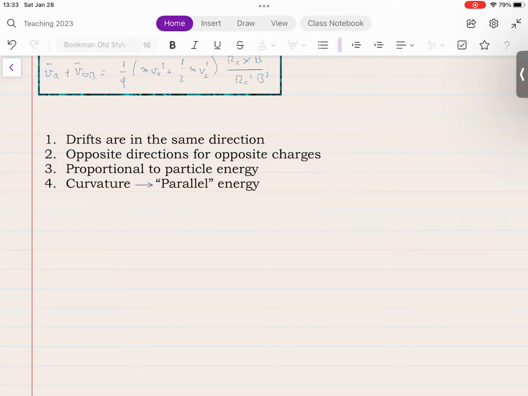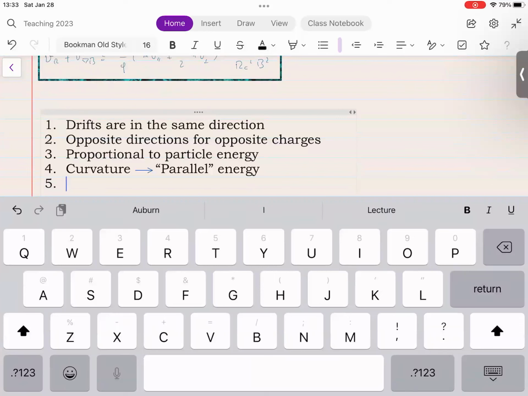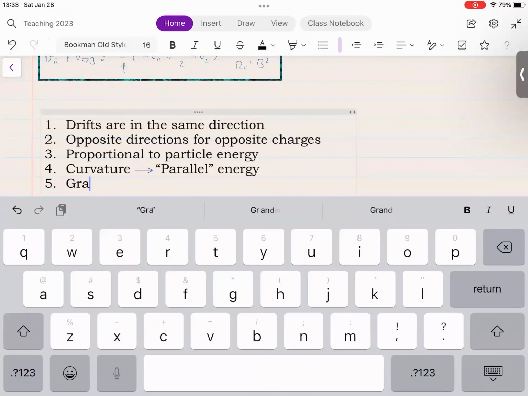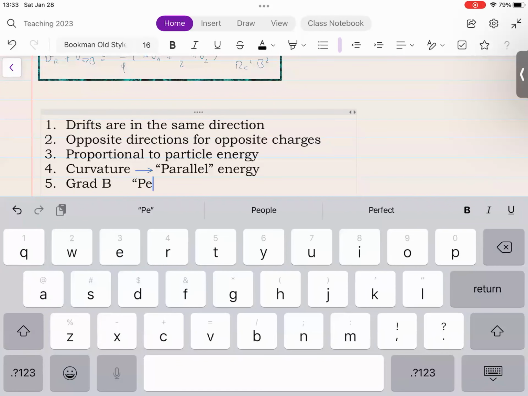The curvature drift is proportional to what I'm going to call the parallel energy, while the grad B is proportional to what I'm going to call the perpendicular energy. Don't get upset. I'll clarify this in a moment.